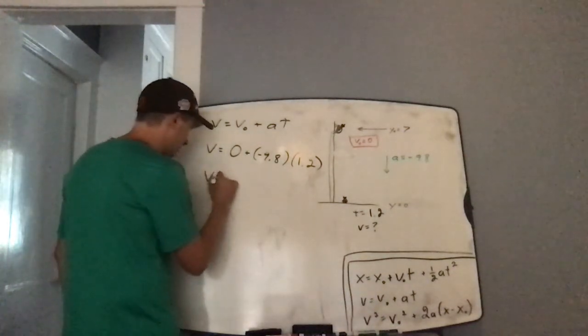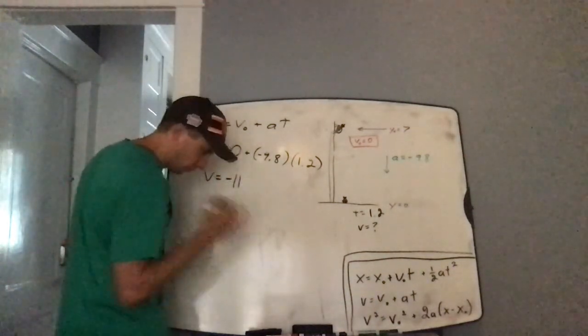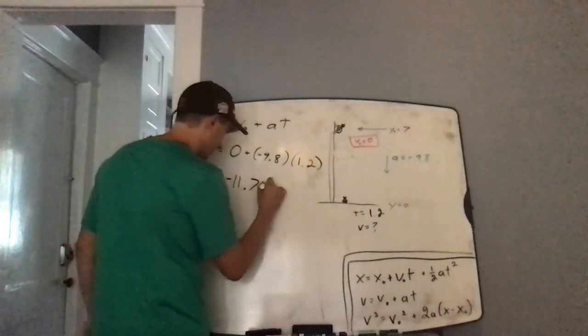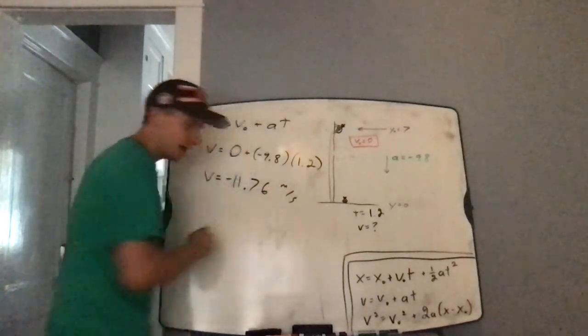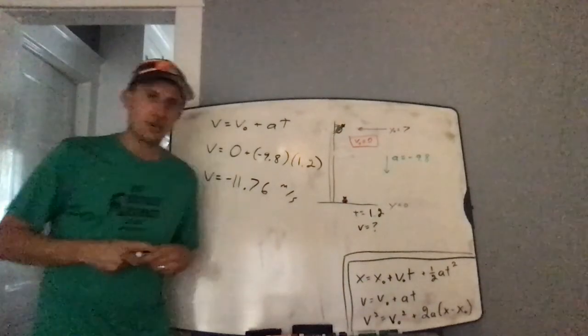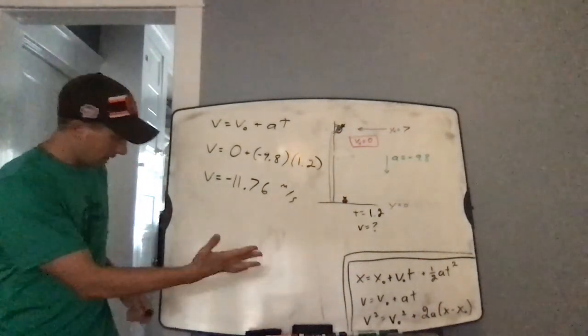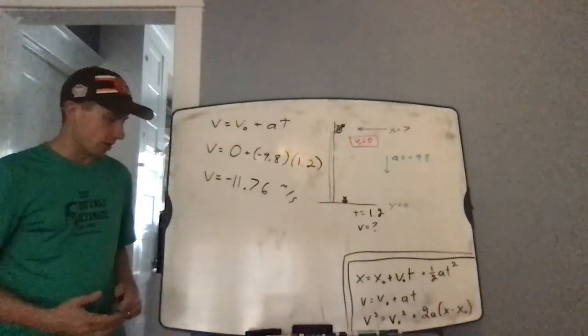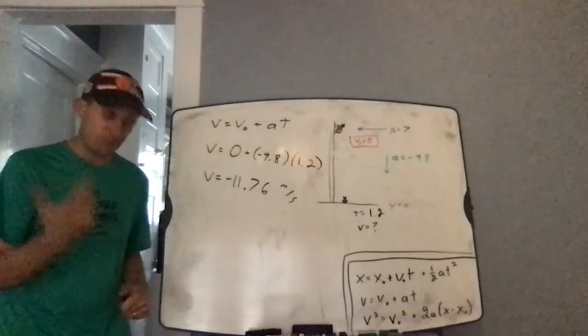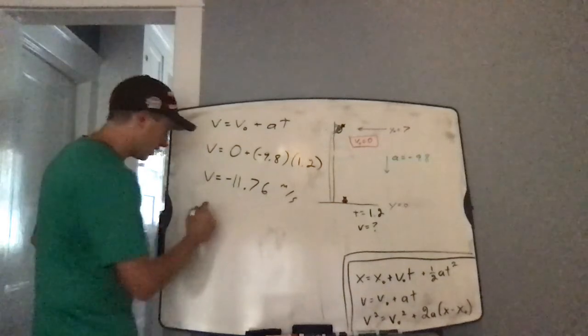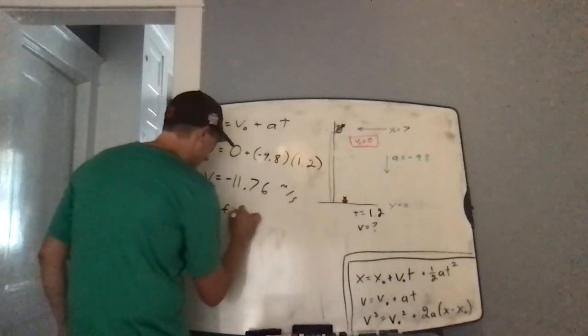I get V final is negative 11.76 meters per second. Now I'm going to think about what's really happening in this problem and what the question asks for. The question asks how fast is the bear moving. So this is the final velocity.